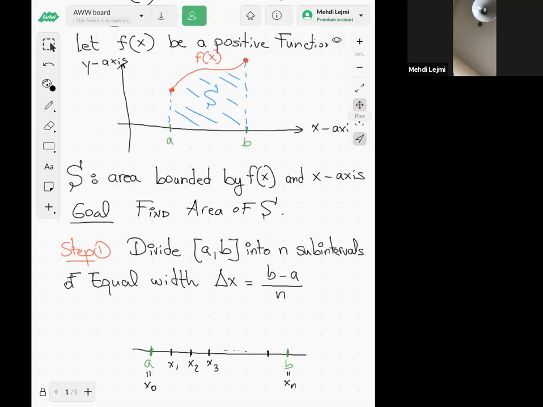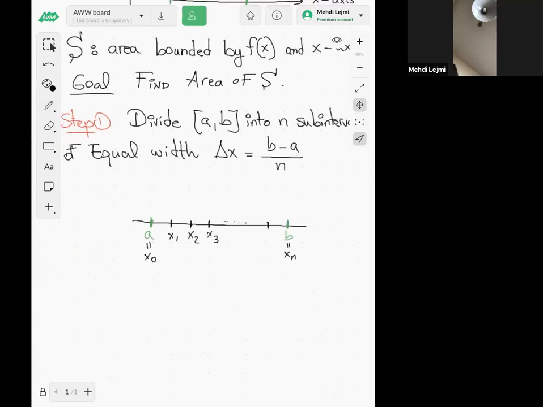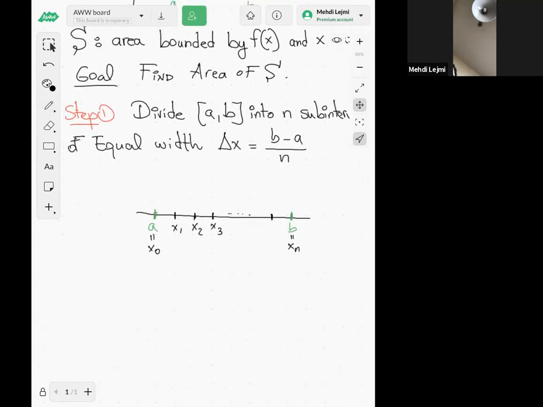As I said, I'm going to call the endpoints of the subintervals x0, x1, etc., xn. So we have n subintervals. The first subinterval would be x0, x1.